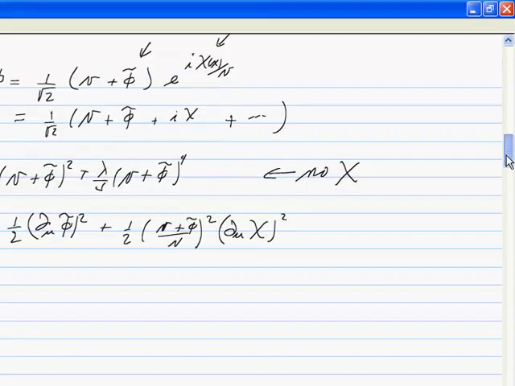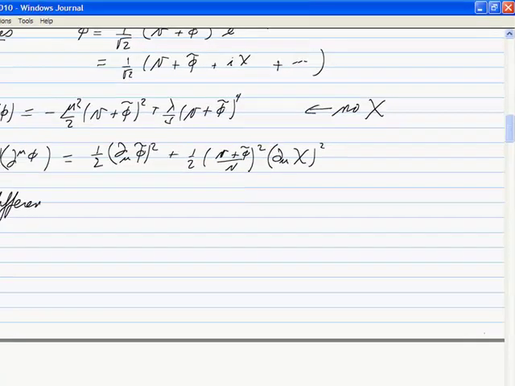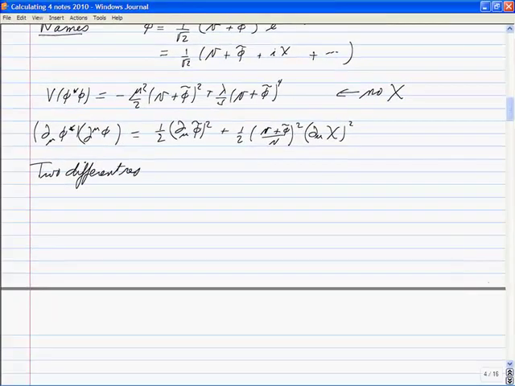So here's our two seemingly different results. I'll write out the Lagrangians.